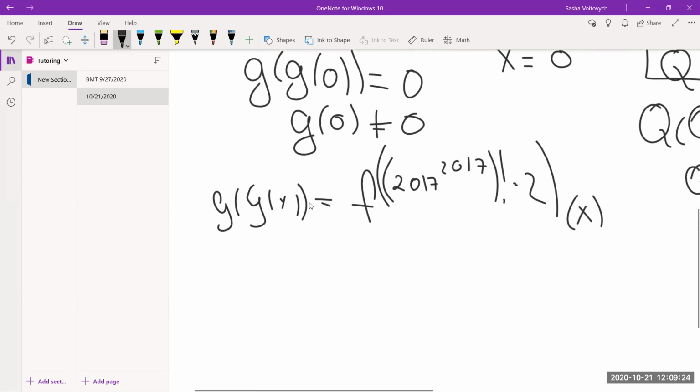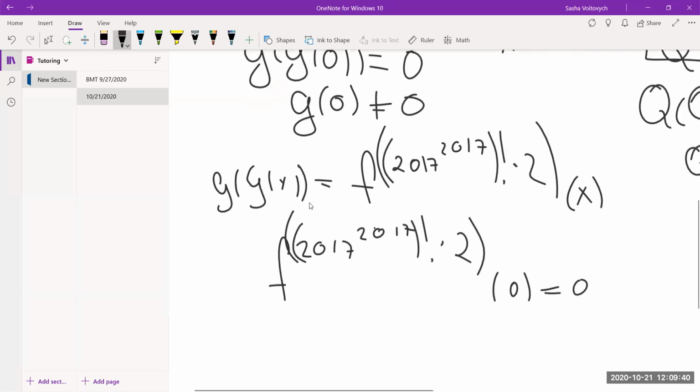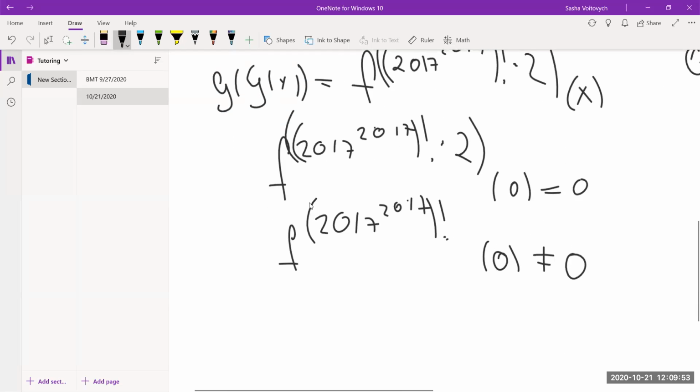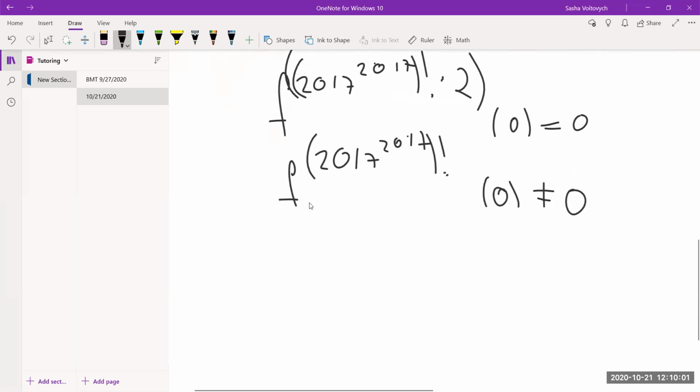So we know that f to the power 2017 to the power of 2017 factorial times 2 of 0 is equal to 0. However, f to the power 2017 factorial without the times 2 of 0 is not equal to 0.